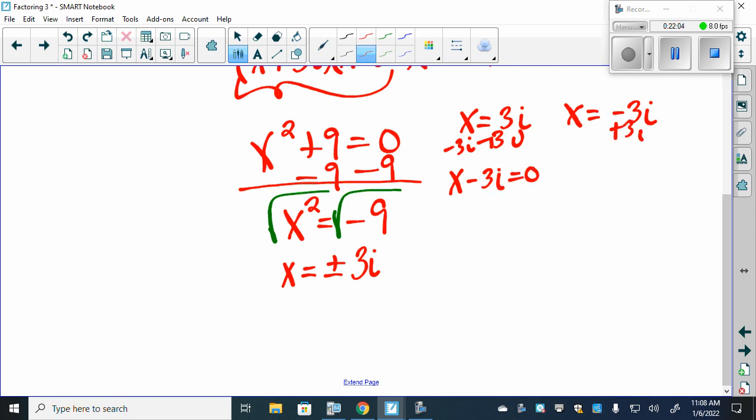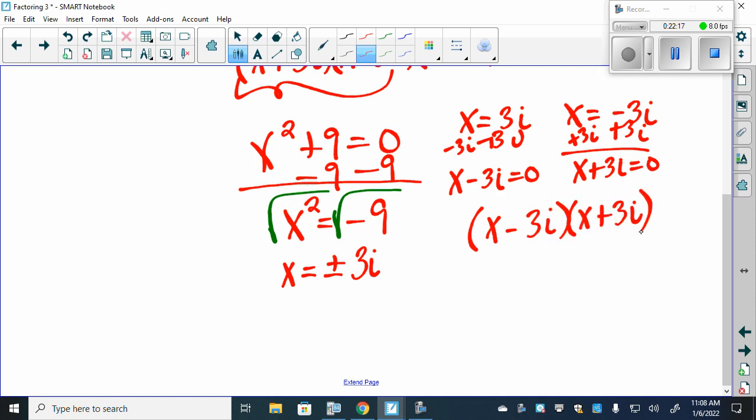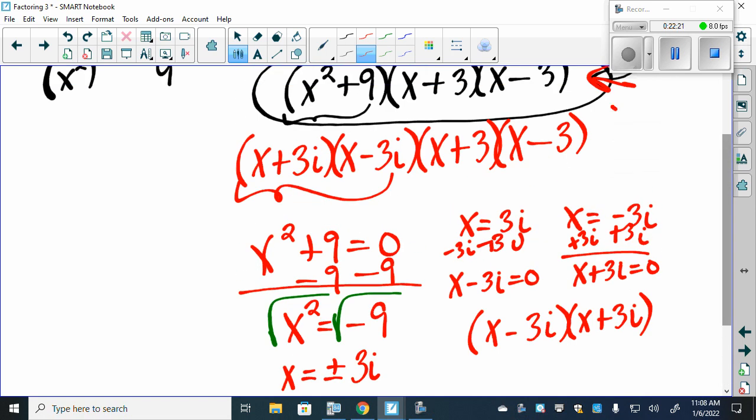Here we would add 3i, x plus 3i, which tells us that this here factors down to this here. But for most, when we talk about the real factors, we're going to stick to this here.